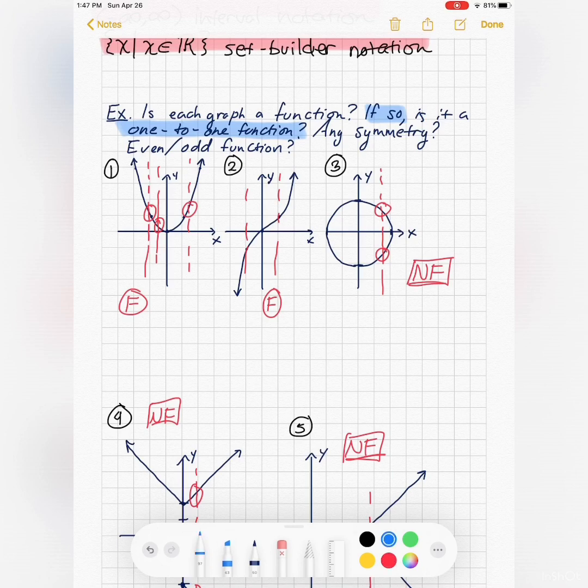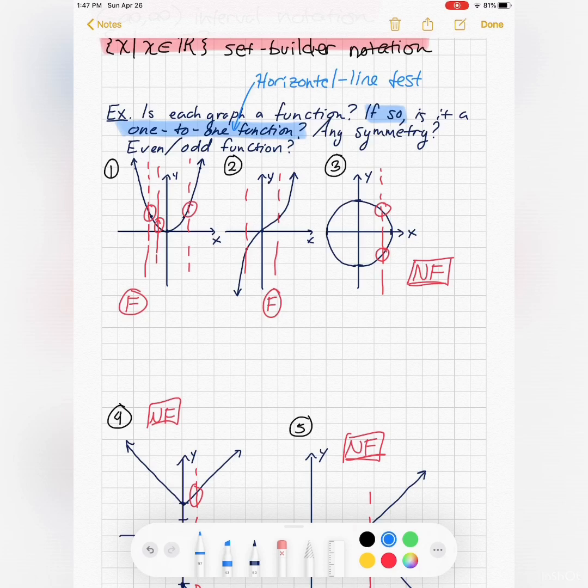That means for each x, there's only one y, and for each y, there's also only one x. In other words, not only does this pass the vertical line test, the graph would also have to pass the horizontal line test. So there would be a one-to-one correspondence between x and y.